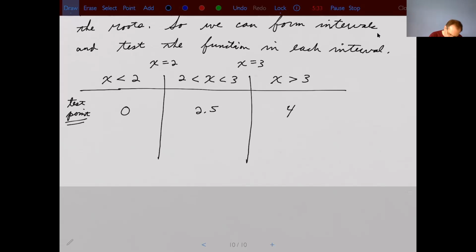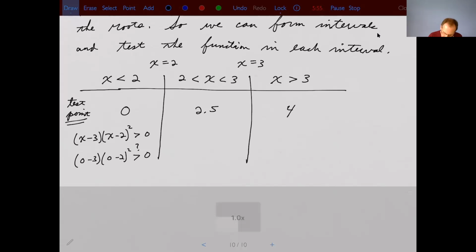So remember my inequality was x minus 3 times x minus 2 squared is greater than 0. So I need to plug in 0 now. So I have 0 minus 3, 0 minus 2 squared, and I want to see, is that greater than 0?